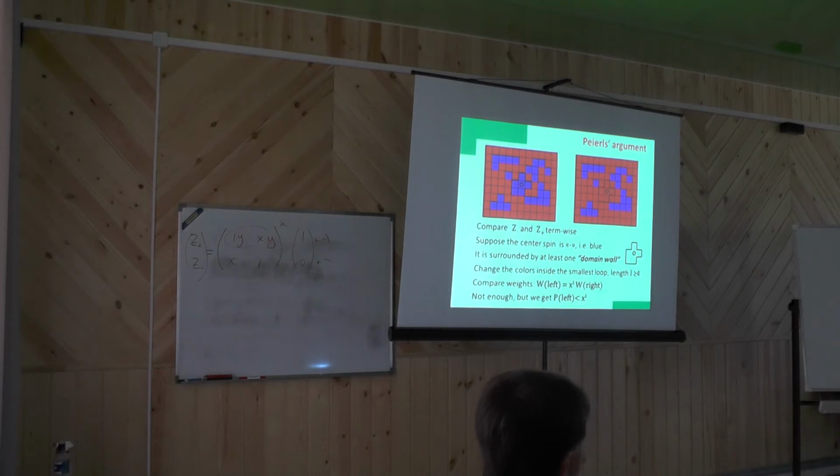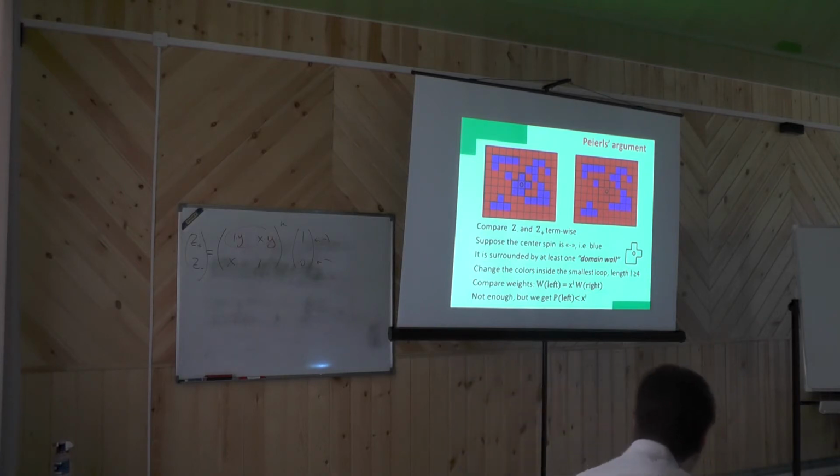So I have a different thing on the left which is mapped to the same on the right. For example, this thing on the right, you get it from several configurations on the left, about, I don't know, 40 or so, and some of their weights are actually quite large.